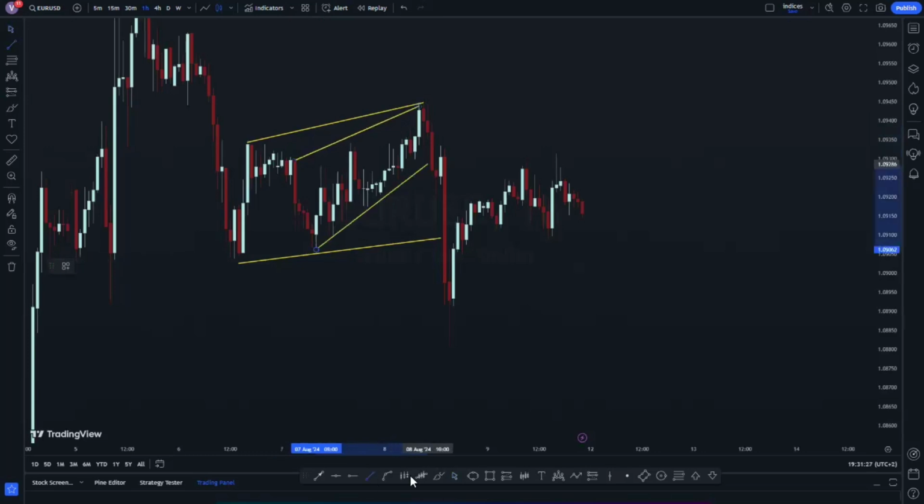As you can see here, these are first touch, second touch, third touch. The market went all the way to the downside. Now we want to focus on the current market.